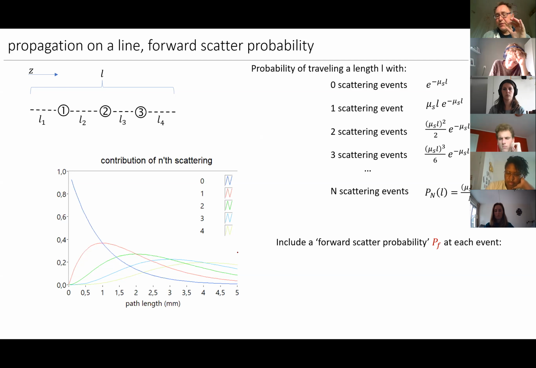But now we want to refine that into not only the probability that the scattering event occurs, but also that that event is in the forward direction. So we have to include this factor PF, and of course that is going to be included anytime this scattering event occurs. So it is going to be included within this power term.